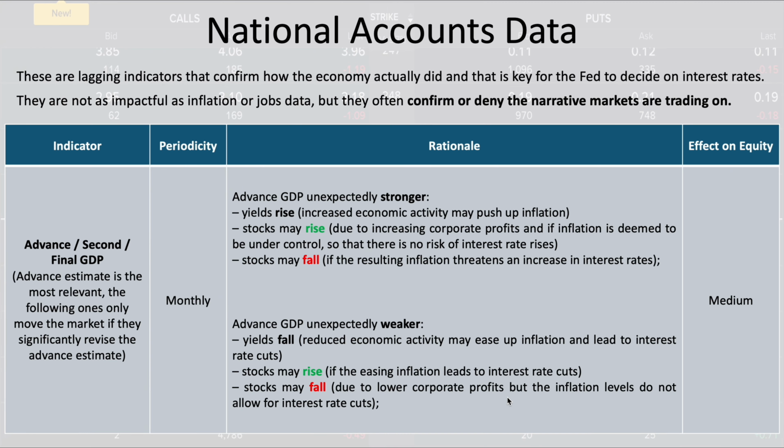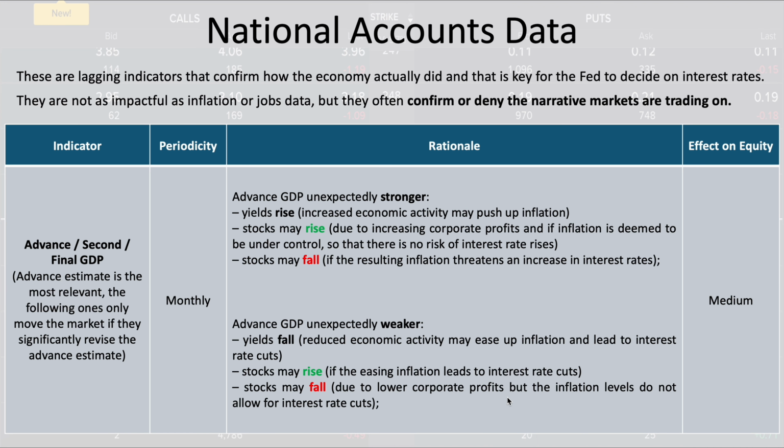Yes, and now these are also not that important. The national accounts data: advance, second and final GDP. The advance is the most important one because it is the first reading of the GDP. The other ones just confirm what the advance showed, and so only if there are revisions, especially if those are significant, can these also move the market.